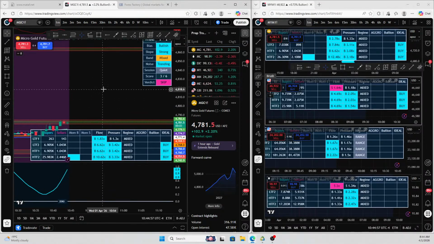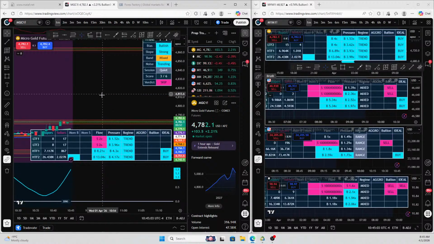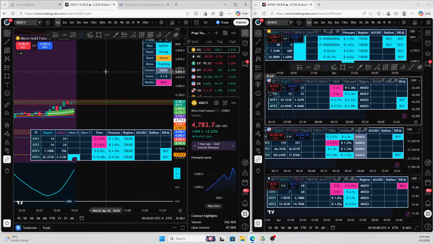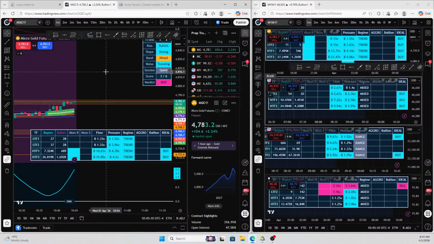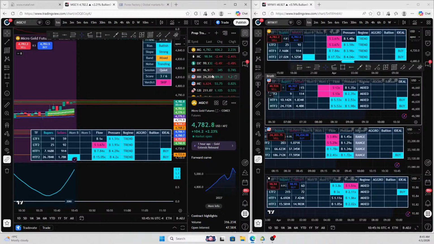So we want to see some sort of confirmation to ensure that price can make that move to the upside. Everything is pointing towards a buy right now.